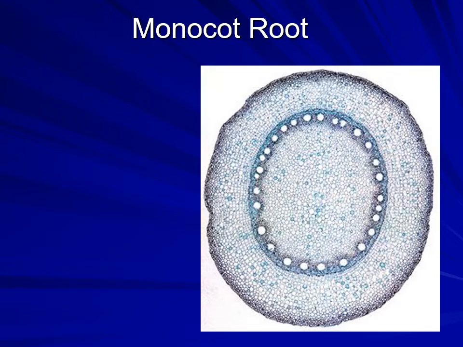Let's look at a monocot root. Very different. There's this sort of ring structure, which is interesting because in the stem, if you recall, the vascular bundles were randomized all over the place. Remember, they were like bundles of them, all oriented with phloem to the outside, xylem to the interior, but these bundles were all over the place, right?